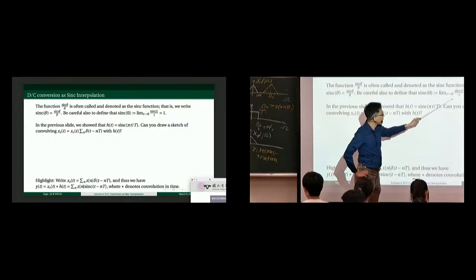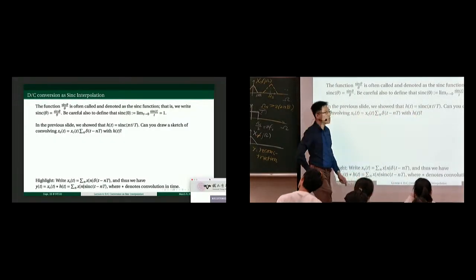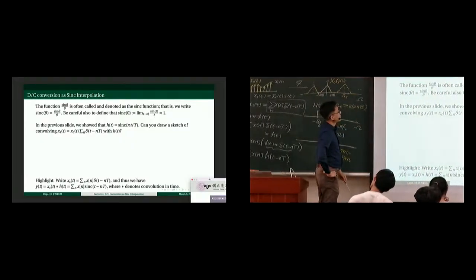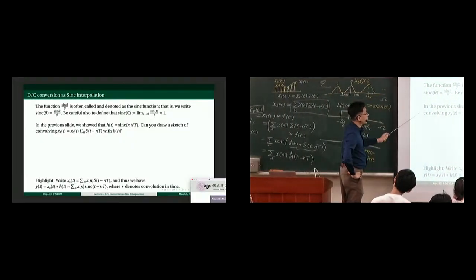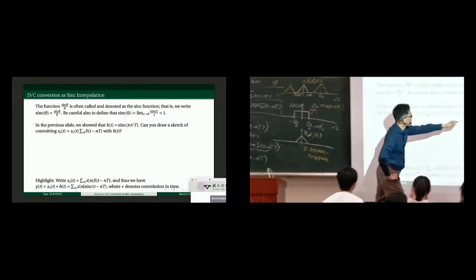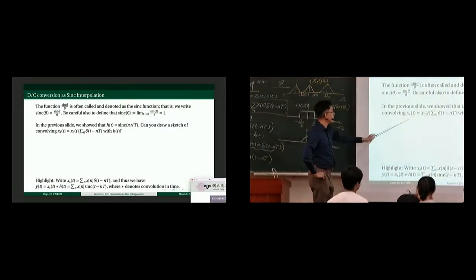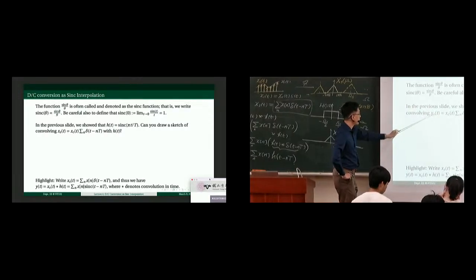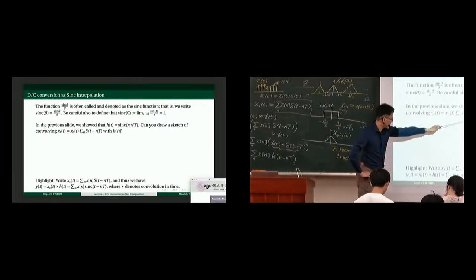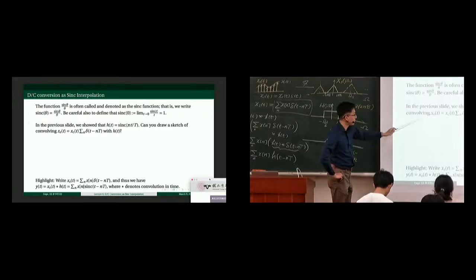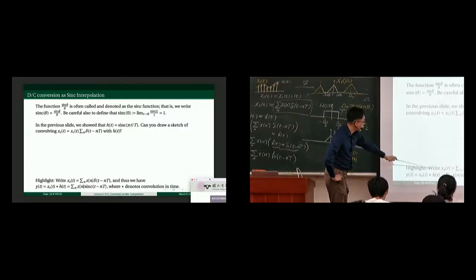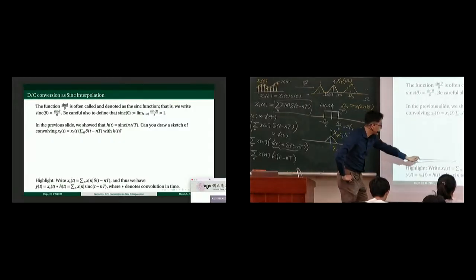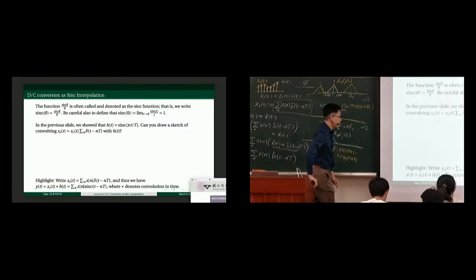One way is to show by L'Hopital's rule that it equals 1. And we have drawn a sketch of the convolution of XS with HT. Long story, but we have made that sketch over there. And here's my suggestion. We want to write XS by this alternative expression. And thus we have that.